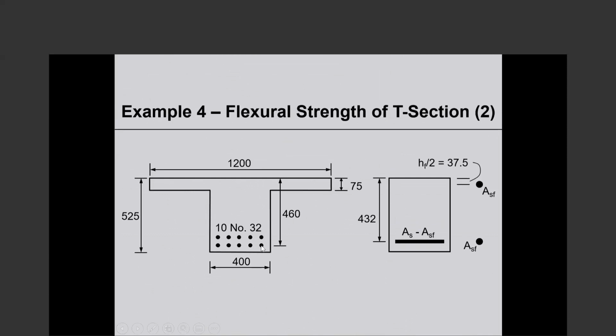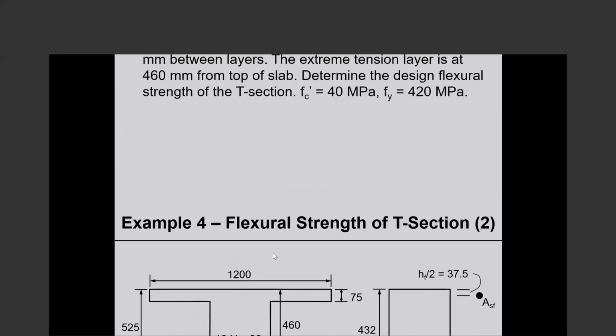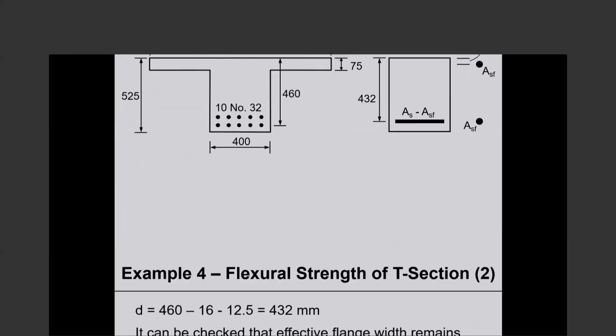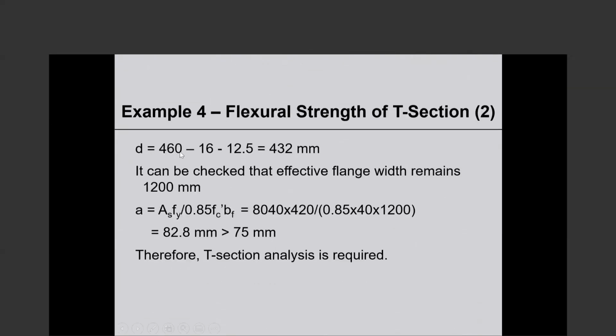So we will take away half the diameter of that bar and half the clear distance between the layers. So 460 minus half the diameter of the extreme tension reinforcement, and the gap between the two layers must have been 32 millimeters.